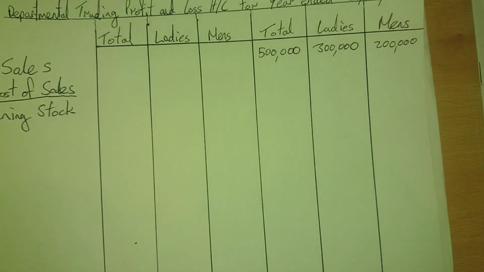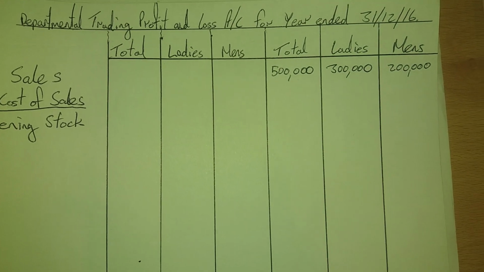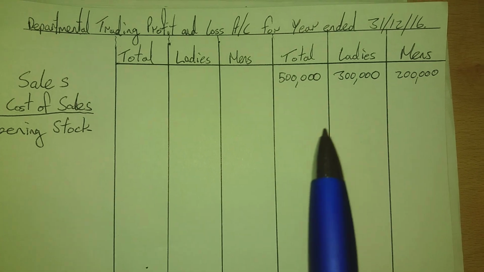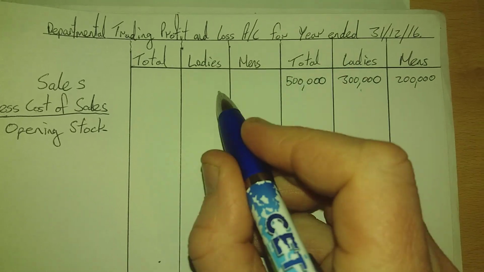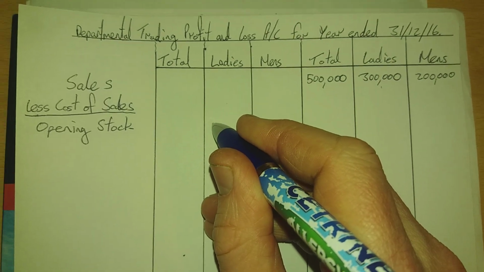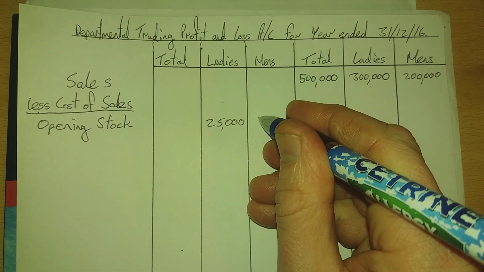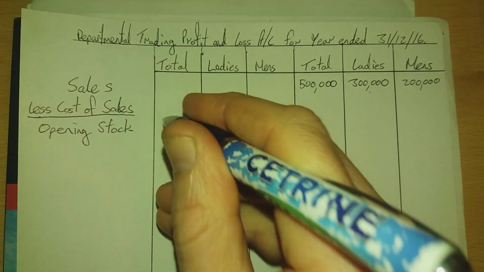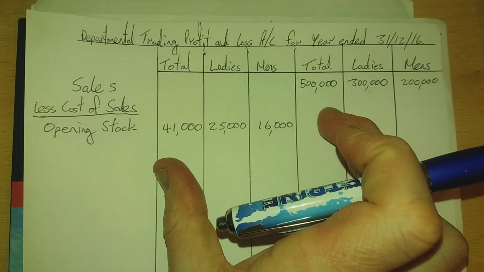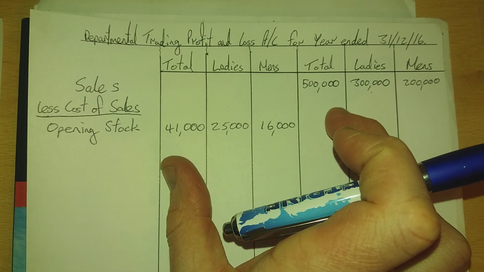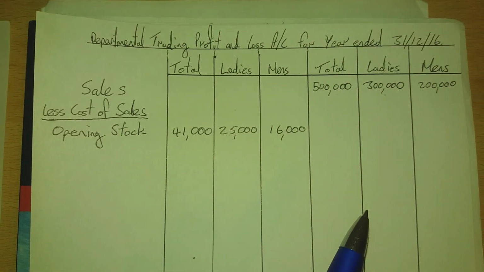So again, if we think about it, if we had just 2 columns for, we'll say, the ladies' wear, and we just had them side by side, the cost of sales will go on the left-hand column, wouldn't it? So this is the left-hand column if we just take these as 2 columns side by side. So it's 25,000 we said, wasn't it? And men's was 16,000, I believe we said. So all told, the opening stock is 41,000. So again, if the total was 1 trading profit and loss on its own, then the opening stock for the total trading profit and loss would go on the left column.